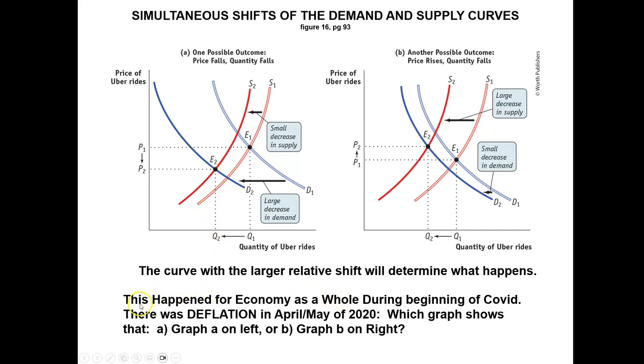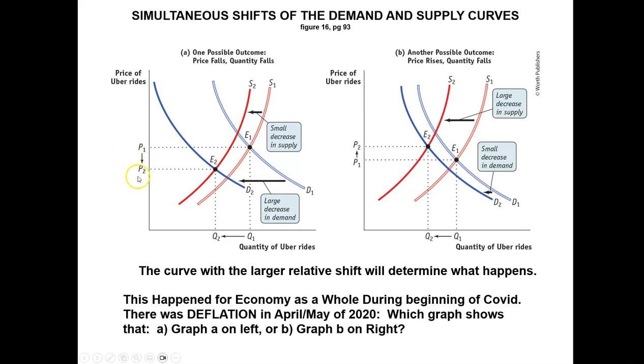So my question at the bottom here is what happened for the economy as a whole during COVID? Well, we had deflation. So imagine instead of this being Uber rides, which I just described what would happen in each case, imagine I tell you that this is the economy as a whole. Which one of these two possible examples demonstrates it? In April and May of 2020, the beginning of COVID and the lockdown, prices did go down.